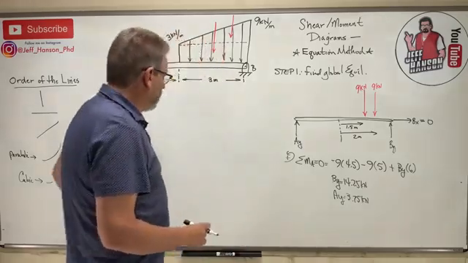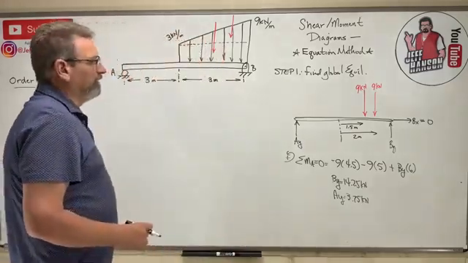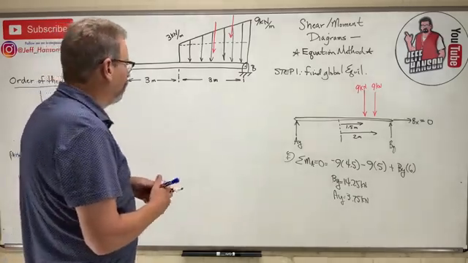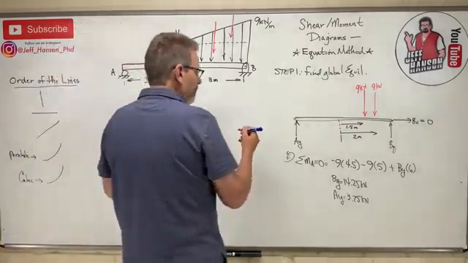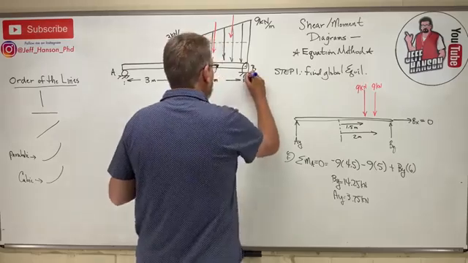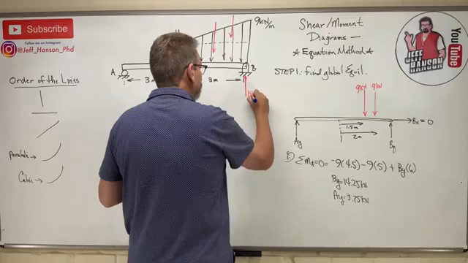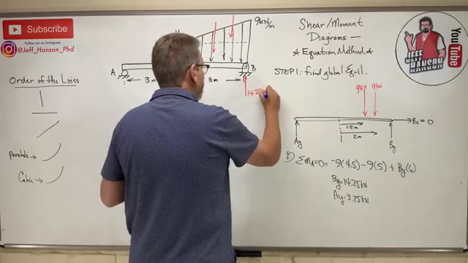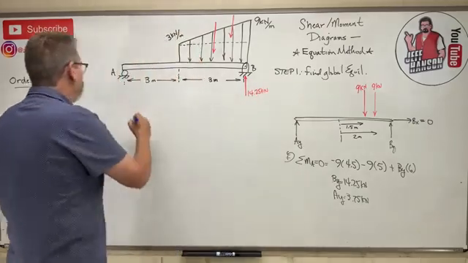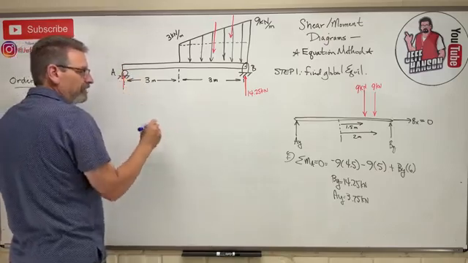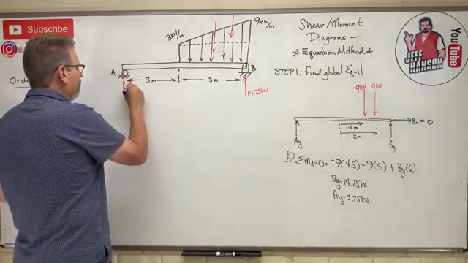So let's put what we just found over here: BY is 14.25, and over here at A is 3.75.